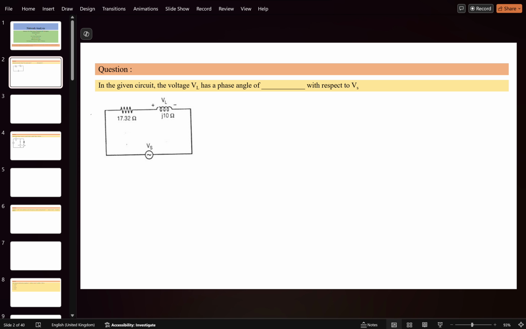In this question, it was asking the voltage VL phase angle, and that too with respect to VS. Take care of this thing: which reference it is asking.